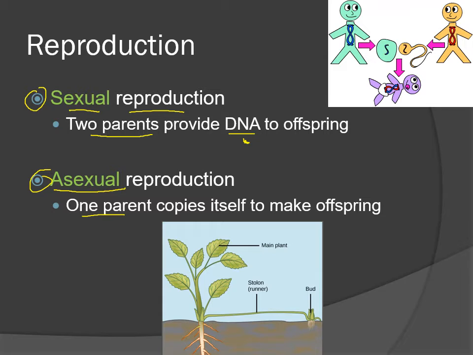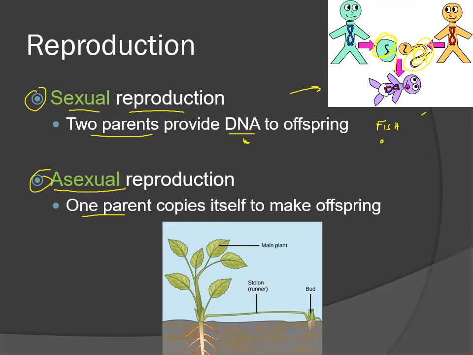Now, with sexual reproduction, I have up here an image of a mother, father, and a baby, and that shows sperm over here, egg cell over here, and then of course they combine to make a baby. But not all organisms actually have to engage in contact to have offspring. There are a lot of fish that never contact each other in order to reproduce.